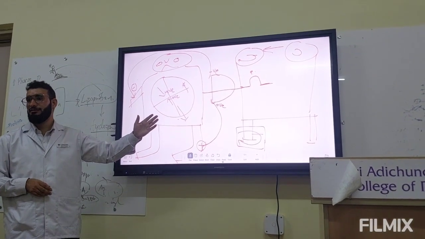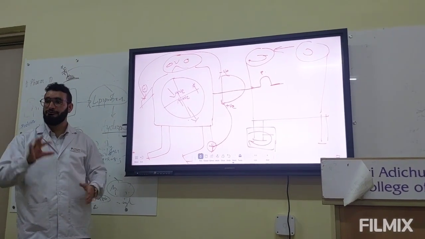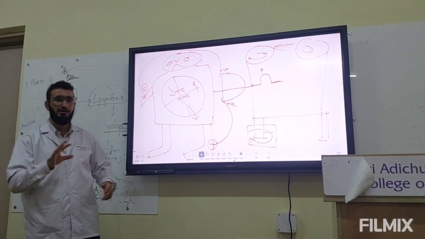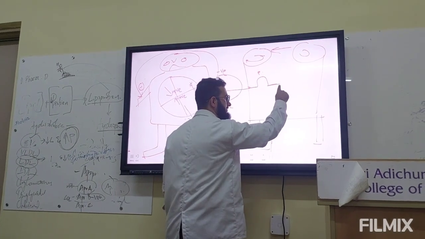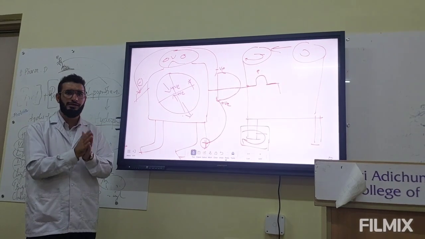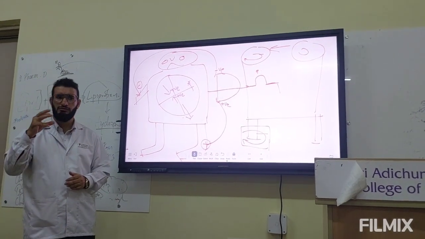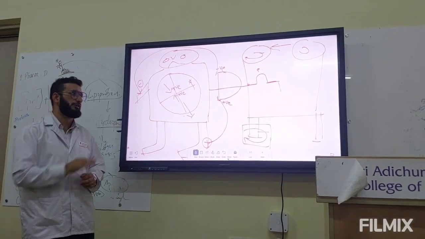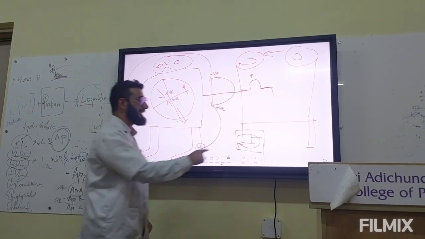It will be rapid like this, because the septum is a small part, so it produces a small current, but a rapid one. This is represented by the Q wave.